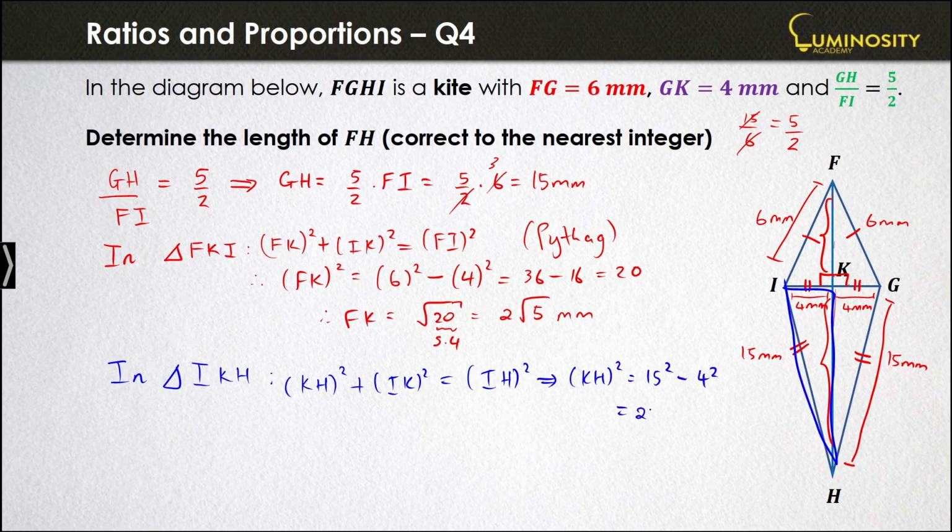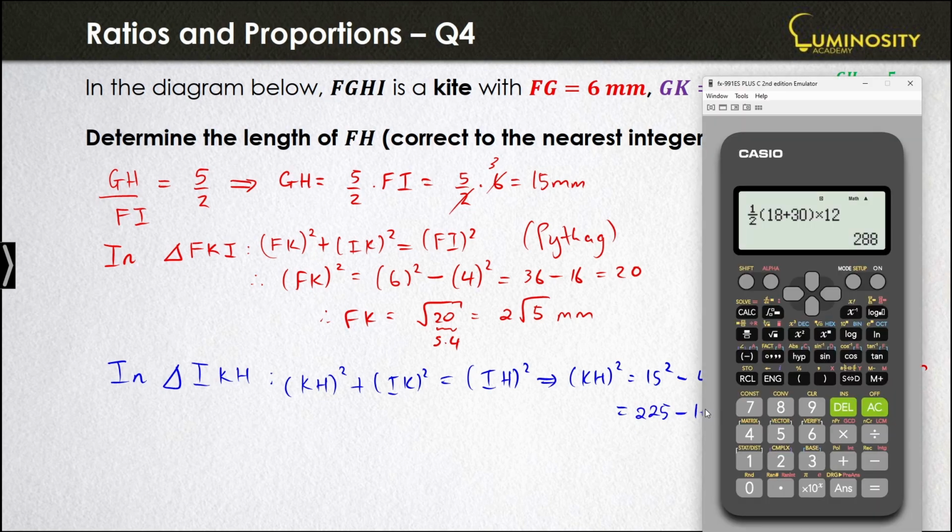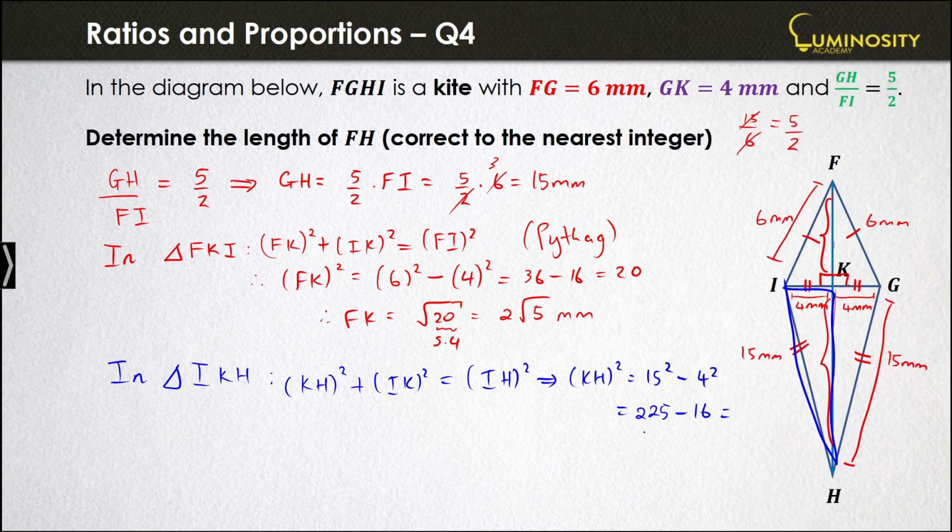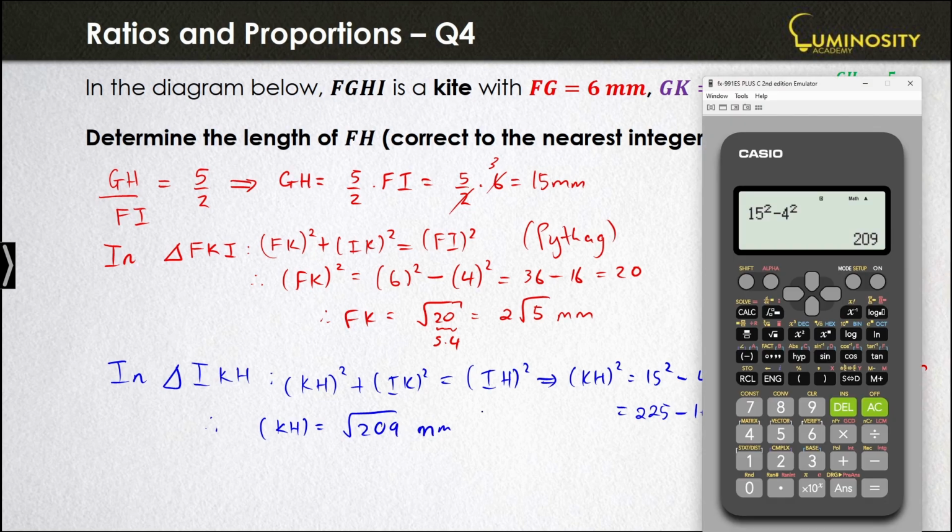So 15 squared is 225, minus 4 squared is 16. That gives us 209. So the length of KH, taking the square root on both sides, is the square root of 209 millimeters. I'm going to leave it like that.